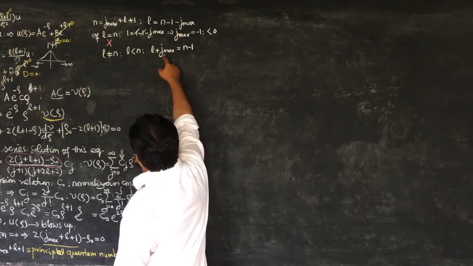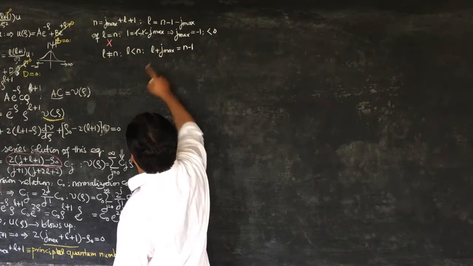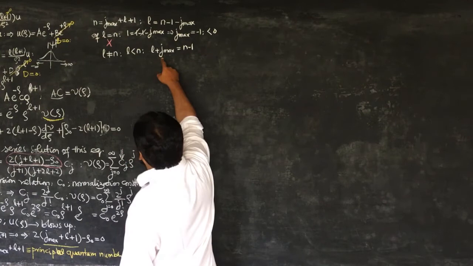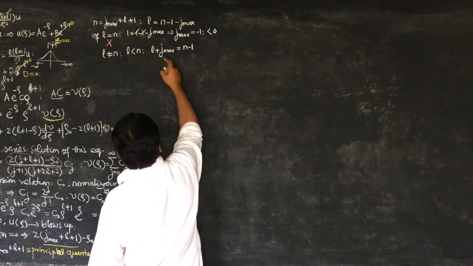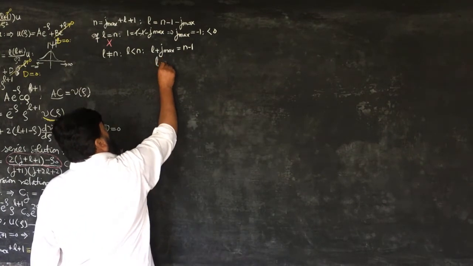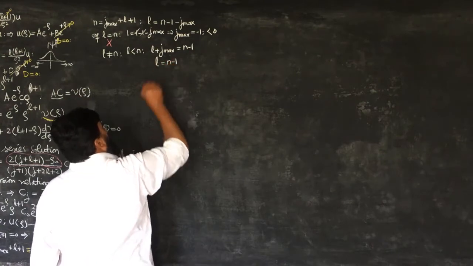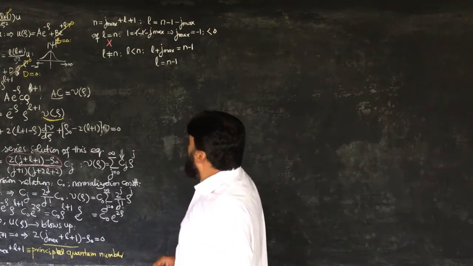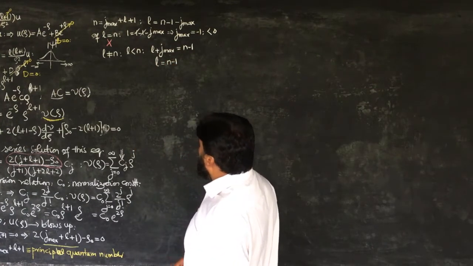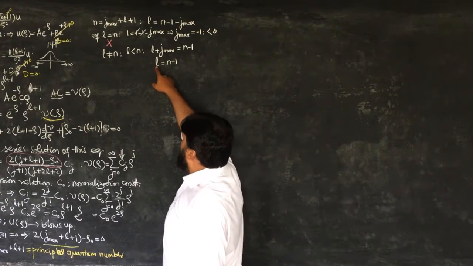So J is a value which is running from 0 to the maximum value. So if I put its minimum value possible, then L will be equal to N minus 1. And this gives the maximum limit of L.